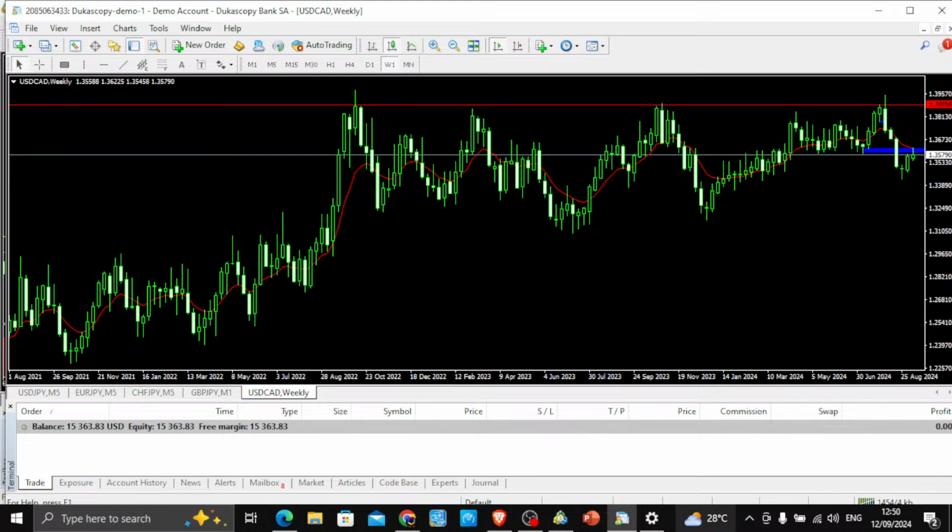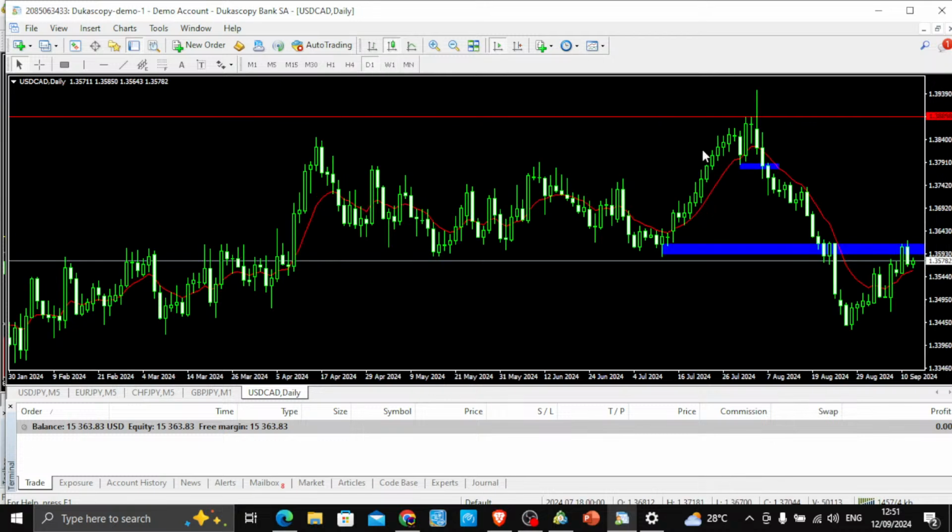Then we have a kind of internal swing here. Look at this one, this swing low. Here the market made a higher high. It has been taken out too. But it is trying to move up. But it is finding a barrier here.